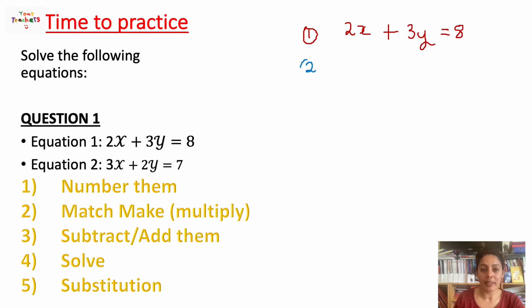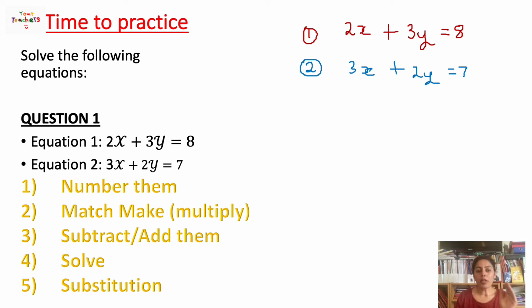I may as well label it now. And that's 3x plus 2y. Now notice here I've also been very careful that I'm aligning where I can. All right, and I'm being as tidy as I can as well.